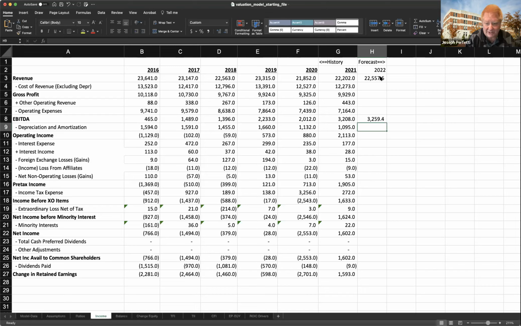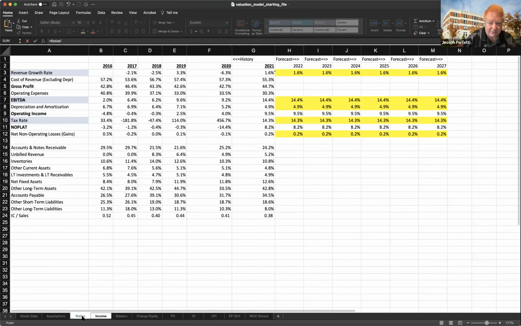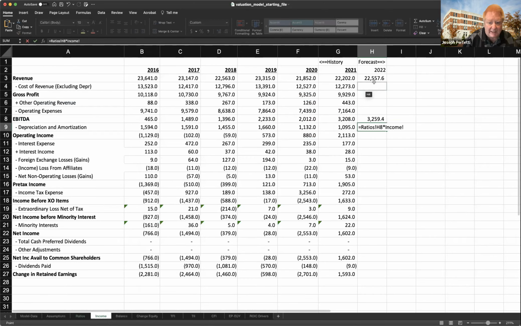So depreciation and amortization in 2022, which is cell H9, equals ratios H8, which is depreciation and amortization as a percentage of sales, times income H3, gets us 1,112.5 million of depreciation.